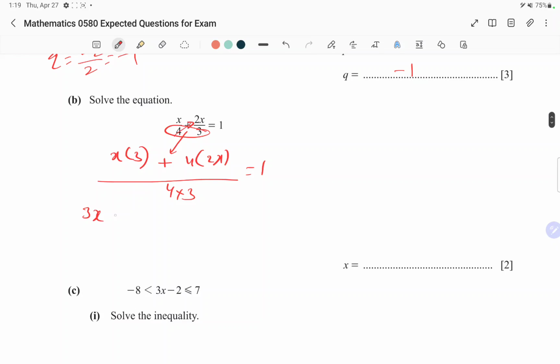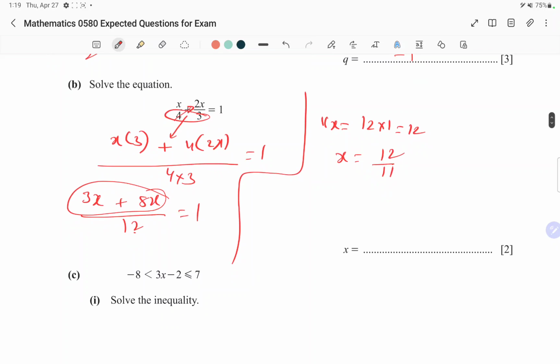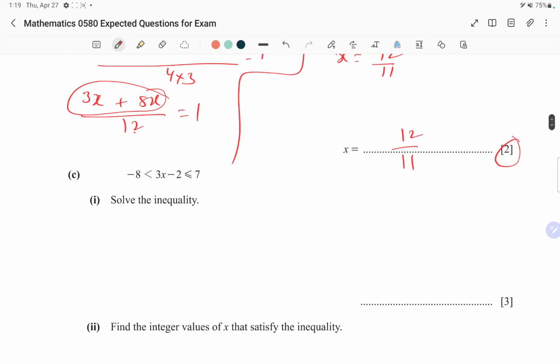So this is 3x plus 8x over 12 equals 1. Now 3x plus 8x, that is 11x, and 12 times 1, which is 12. So x is 12 over 11. So you can write 12 over 11. They didn't mention that we have to give in fraction or decimal, so you can write that. It is only for 2 marks, so it will be fine.